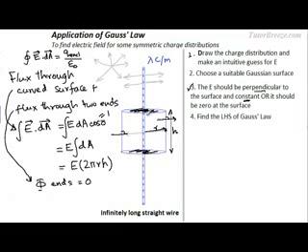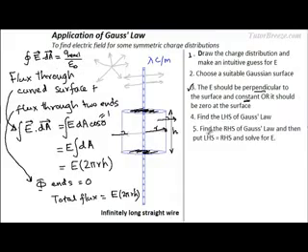So we were looking for a Gaussian surface on which either the flux through it is 0 or the field is perpendicular to the surface and is constant, so that we can put it outside the integral. Now finally we have the left hand side, which is the total flux in this case, and that is E times 2 pi r h.